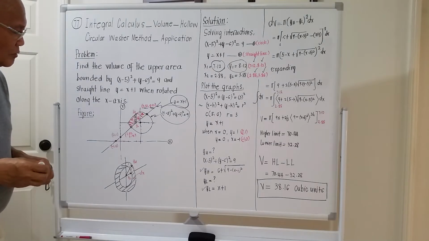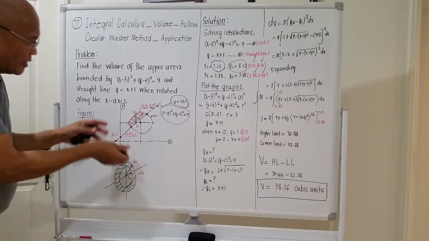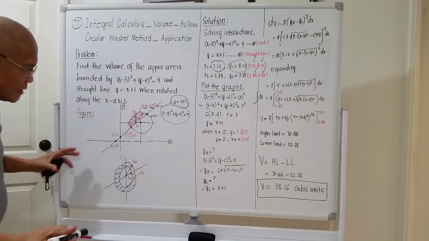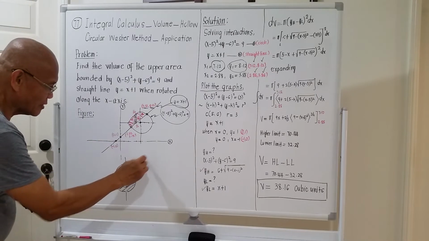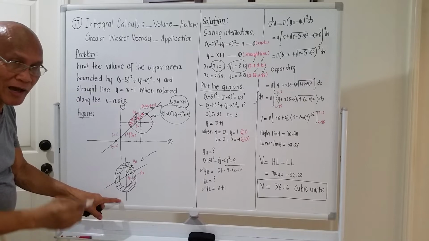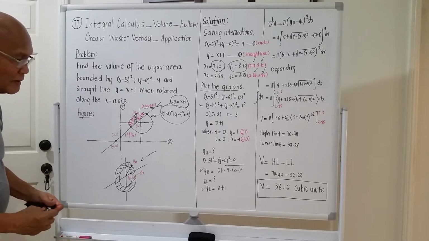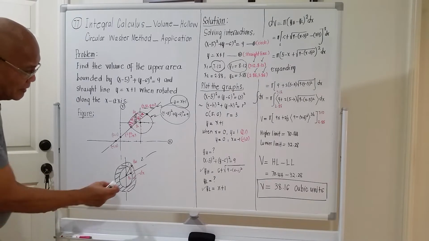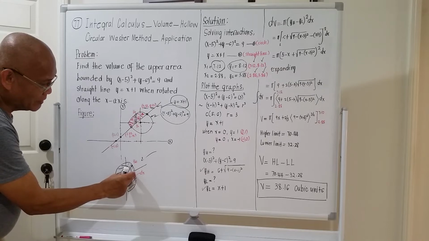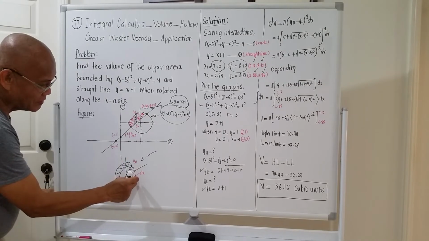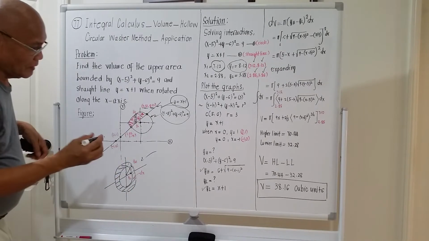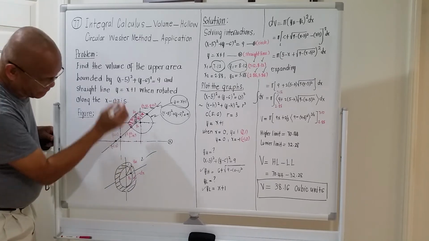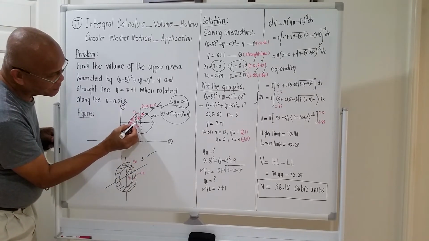So, let's try to rotate now. What will come out on the isometric view will be something like this. It's a circular washer, a hollow circular washer. This is y lower, this is y higher, and the thickness is dx. On the vertical slice, this point here is y lower.